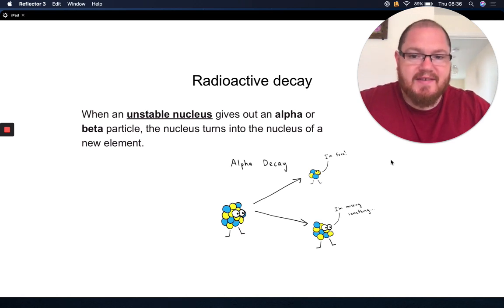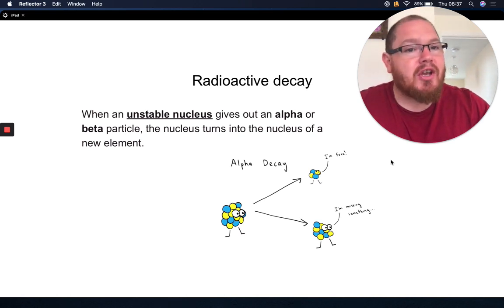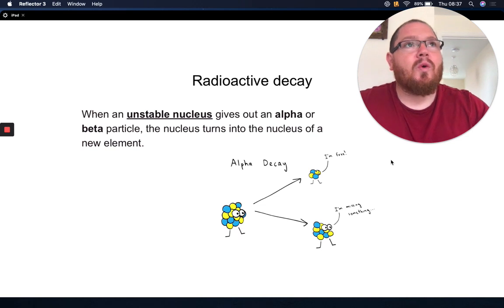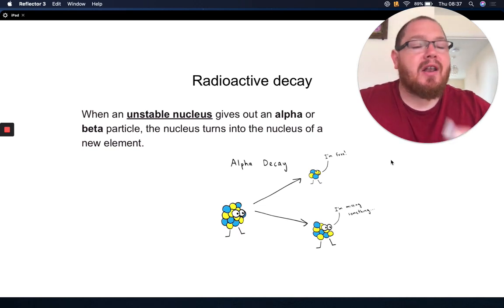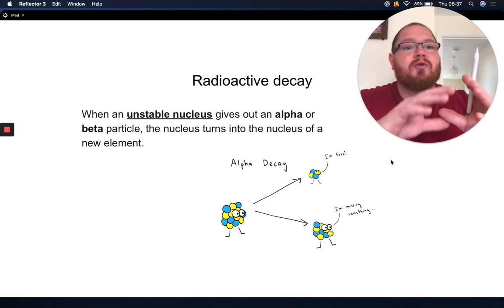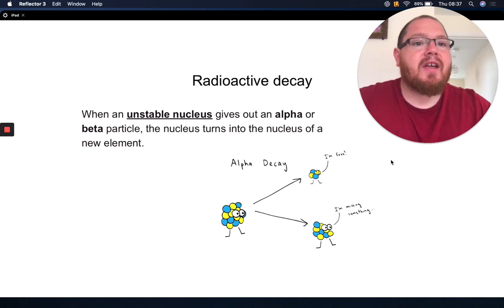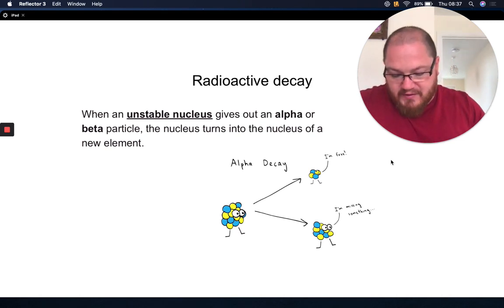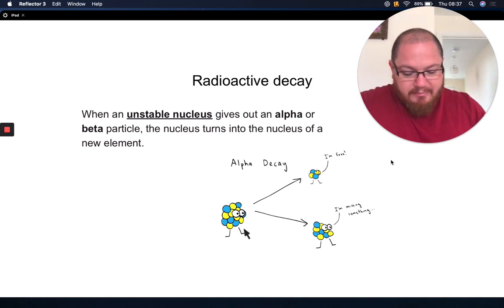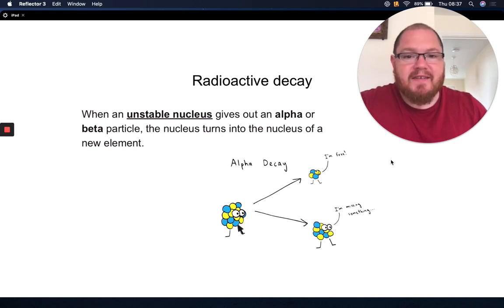So the nucleus there turns into the nucleus of a new element. So if we've got a large element, it'll turn into a smaller element because it's lost some stuff, okay? It's lost some mass. And you can see there the little diagram. We've got a nucleus of an atom, it doesn't matter which atom, and then it's going to decay with alpha.